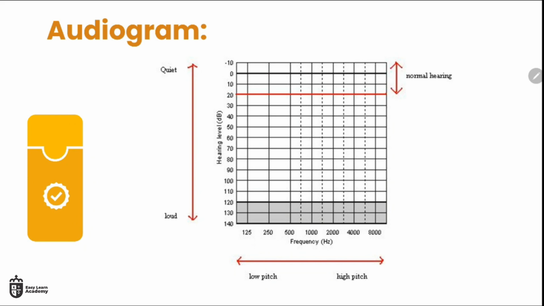Now it's just to find out what is below 20. Is it bone and air? Is it air alone? And if it's bone and air, are they close together or far from each other? This is all about the audiogram. With this, you can answer all your questions anytime, anywhere, in any exam across the world.